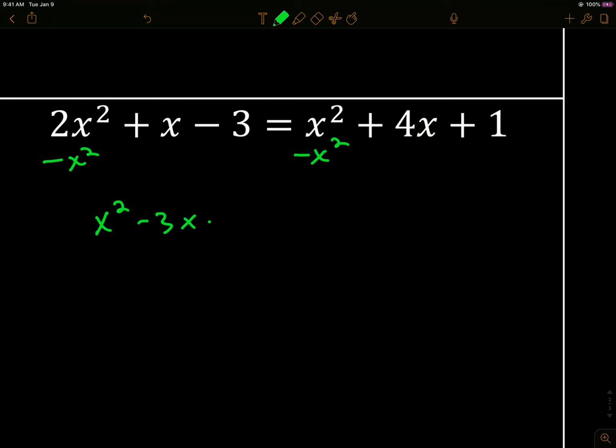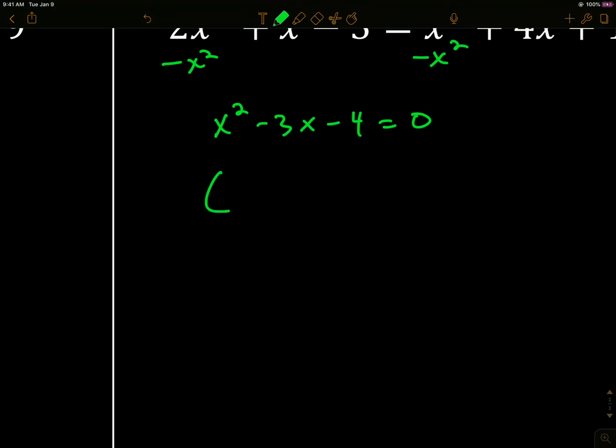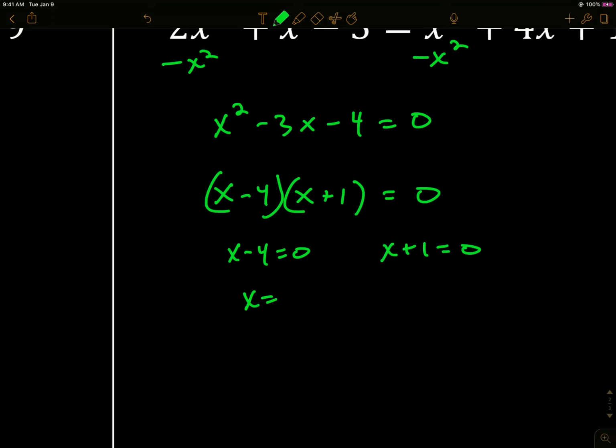Subtract 1 off both sides and get a minus 4. This one, a is 1, so factoring should be pretty easy. Look for combinations that multiply to negative 4 but add to negative 3, so that's going to be negative 4 and positive 1. Set each factor equal to 0 and solve to get my two solutions.